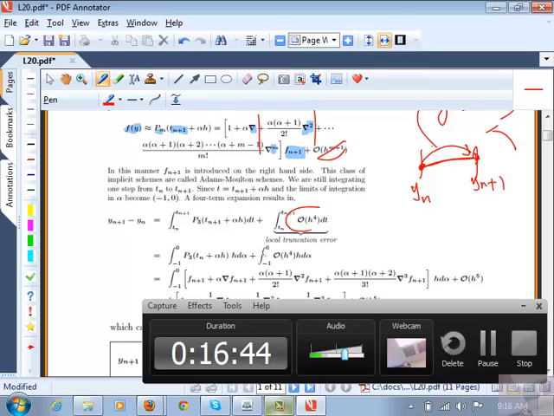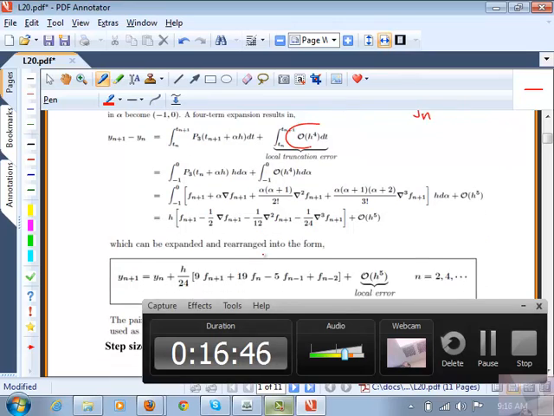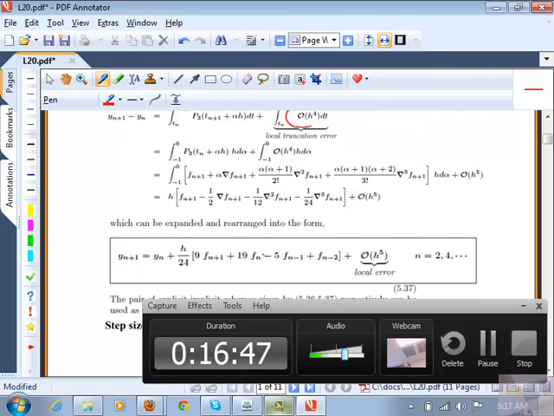What is the best guess I can make? I can say it's the same as yn. So I can take yn, put it into this function, and for yn, fn minus 1, fn minus 2, I will use the right ones. Then I need to iterate, because this will predict the yn plus 1, and I will take that and plug it back in here. That loop is the same as in the predictor-corrector method, but I'm not pairing it with any other method. I'm just making an initial guess.